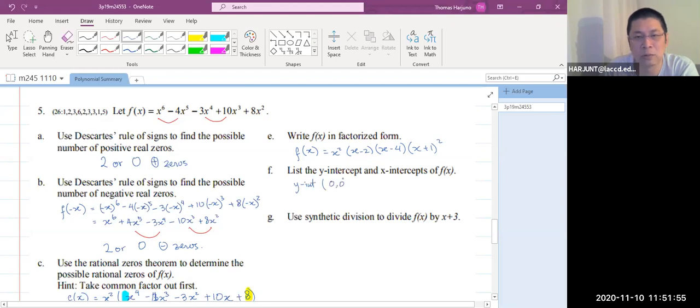It's 0, 0, right? When x equals 0, the constant part is 0. The x-intercepts are 0, 0, -1, 0, 2, 0, 4, 0.